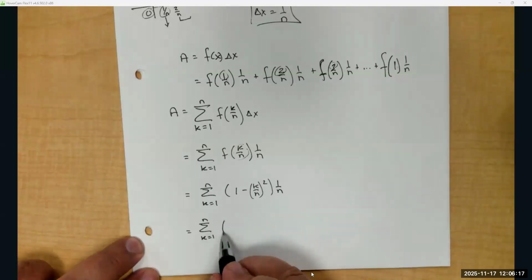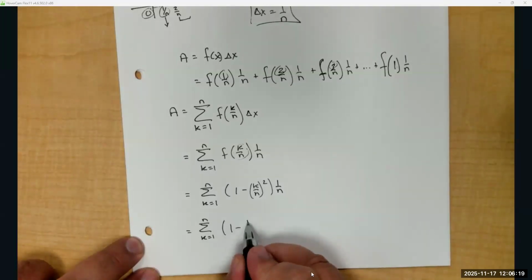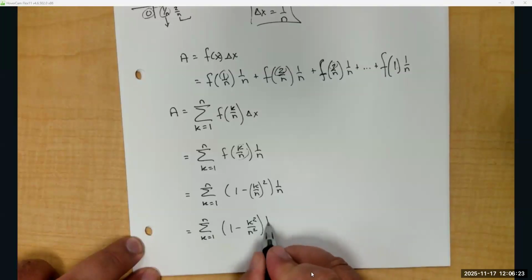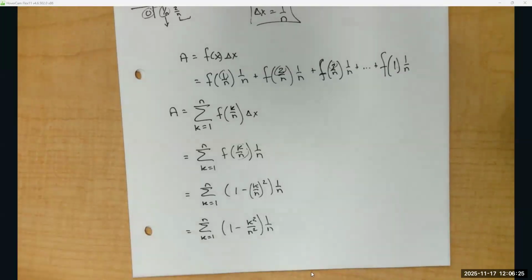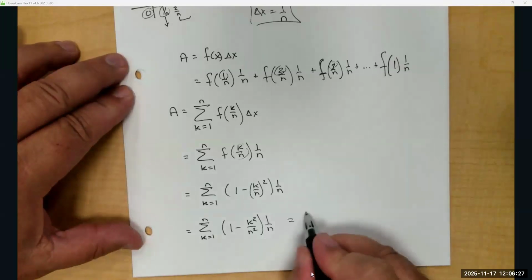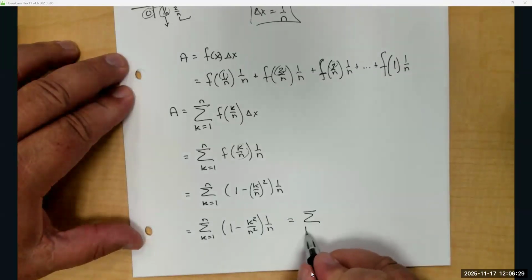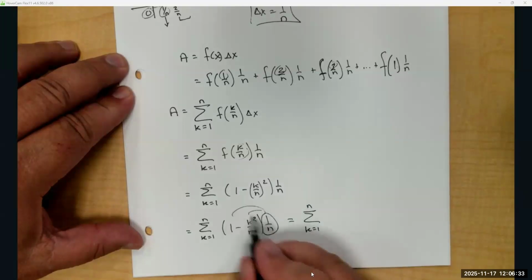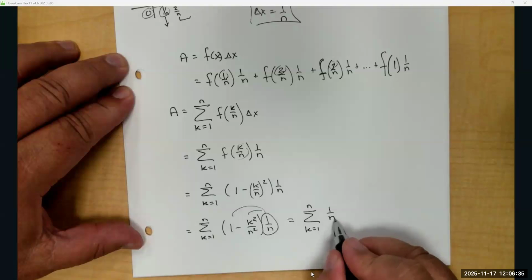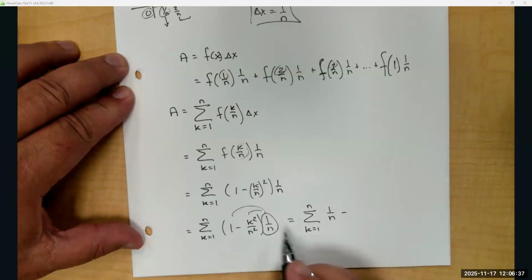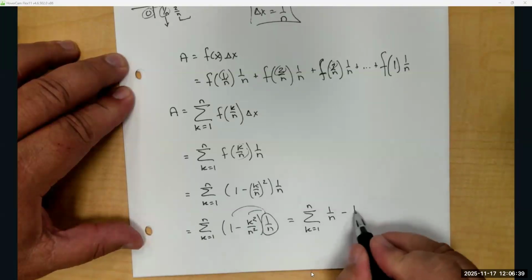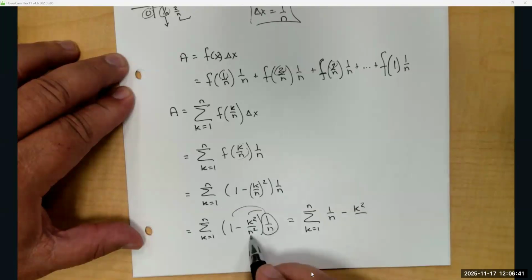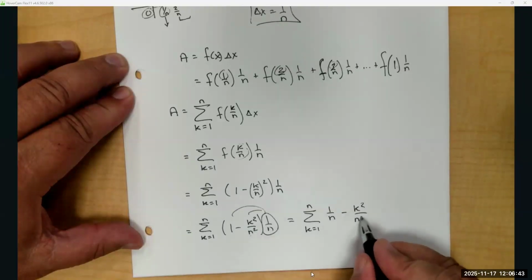Inside here, I have 1 minus k squared over n squared times 1 over n. This becomes the summation of k equals 1 to n. Distribute this: 1 over n minus k squared times 1 is k squared, n squared times n is n cubed.